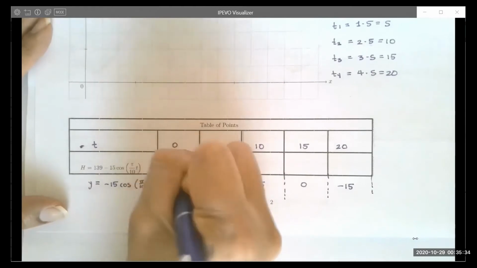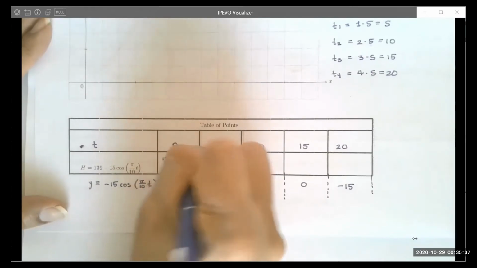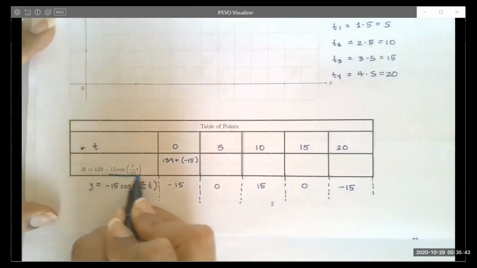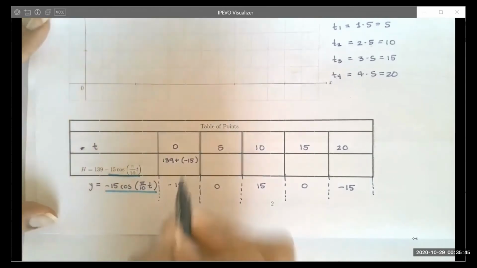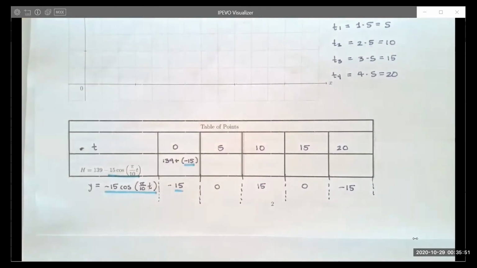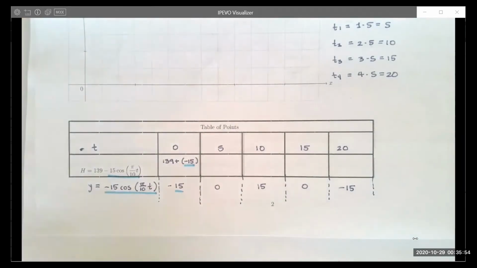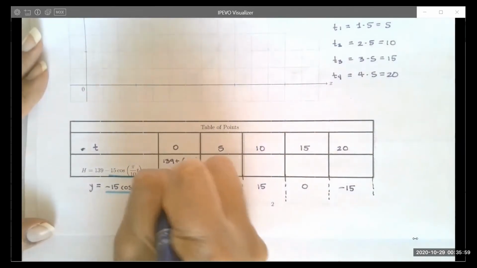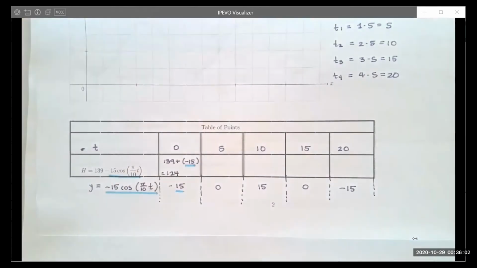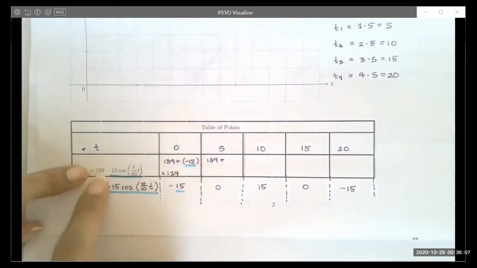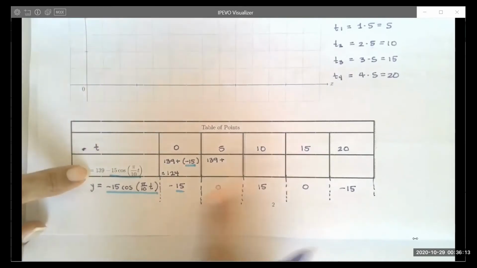So the h value is going to be 139 plus the negative 15, because these two are the same. So I'm going to plug in what we got for that value, and 139 plus negative 15 is going to give us 124. Then for the next value, we're going to take 139, the constant, and add to it what we got for negative 15 cosine of pi over 10t at that point, which is 0.